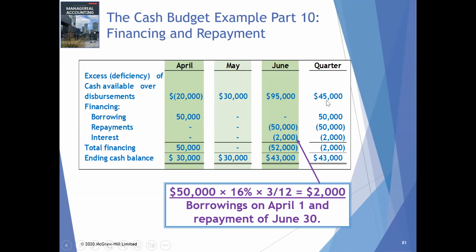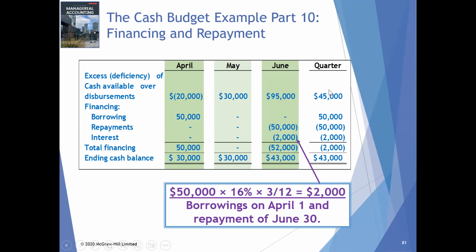This has come because the $95,000 that we have as excess amount, minus the $50,000 that we have paid, and now we come to know that $45,000 is cash at the beginning of the quarter.